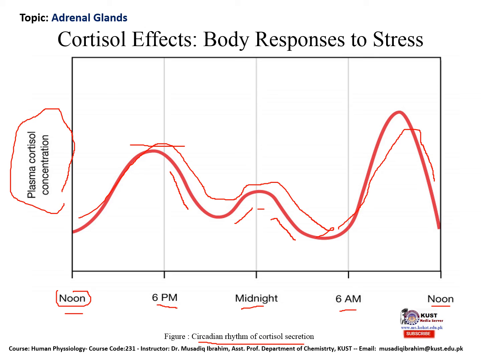So the cortisol secretion is minimum in the morning at 6 a.m. Then from the morning, the cortisol secretion in the plasma increases and goes to the maximum levels, and then it starts to decrease again, and at noon time, which is 12 o'clock, the cortisol secretion is at minimum.